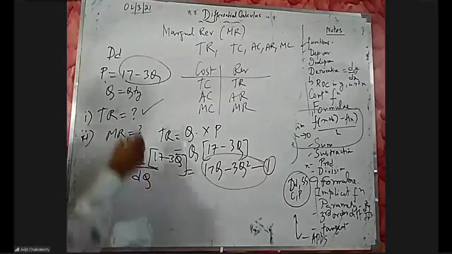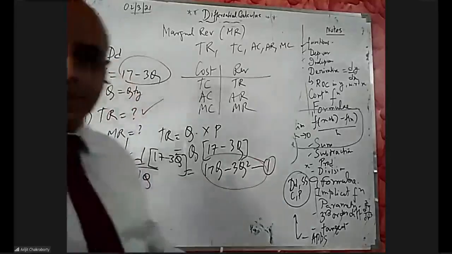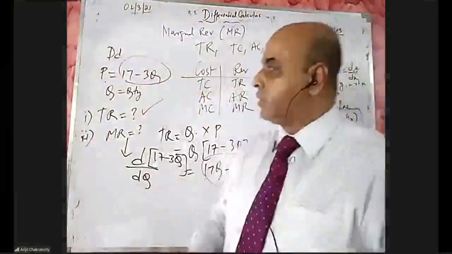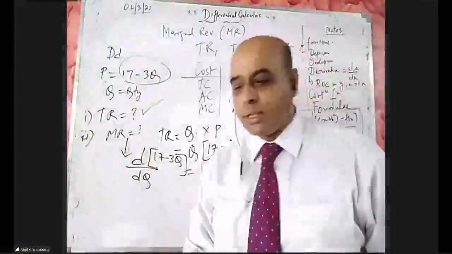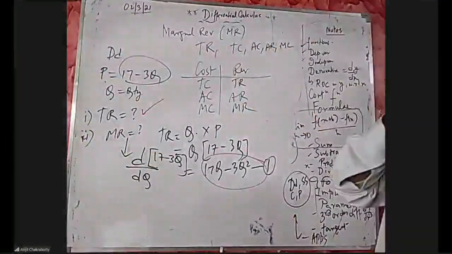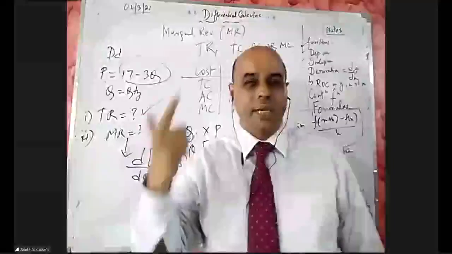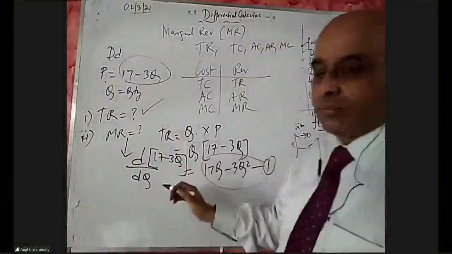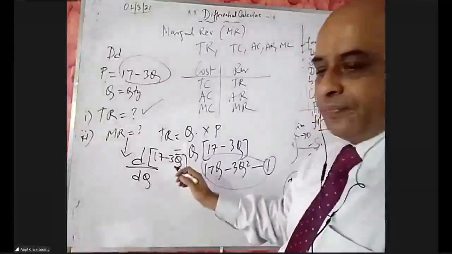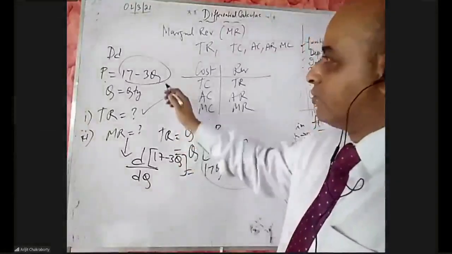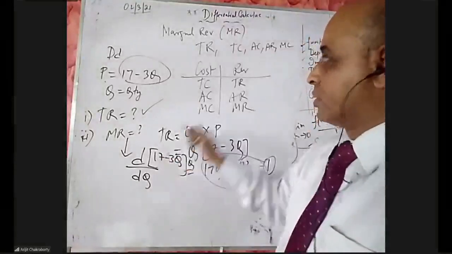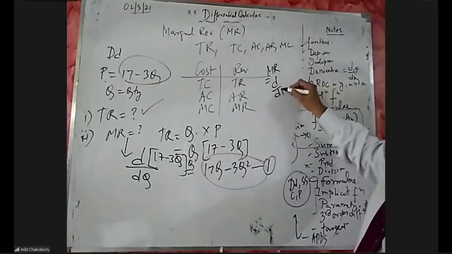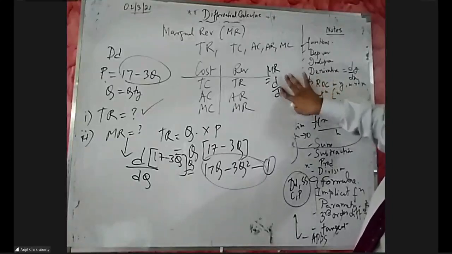Marginal revenue is nothing but the derivative of the total revenue with respect to Q. The marginal revenue means the revenue obtained by selling one more article. So we will take this with respect to Q because you know that marginal revenue is equal to dR by dQ, right? Just a second.